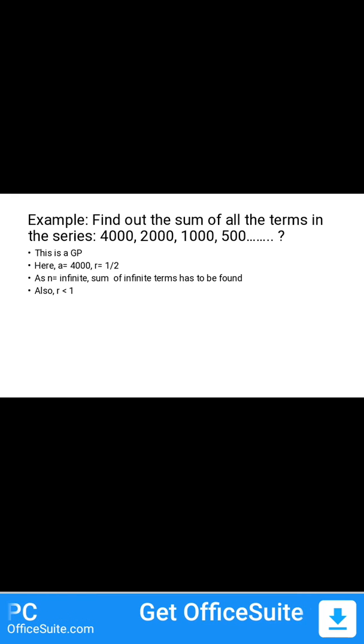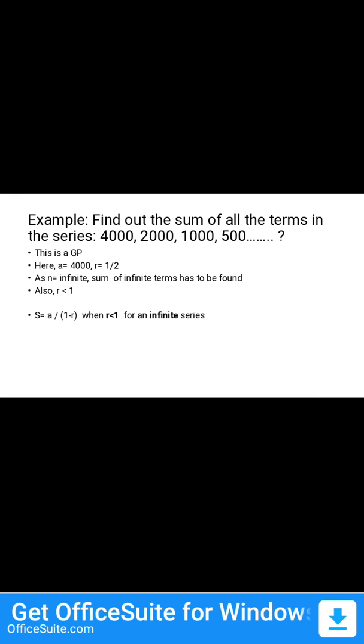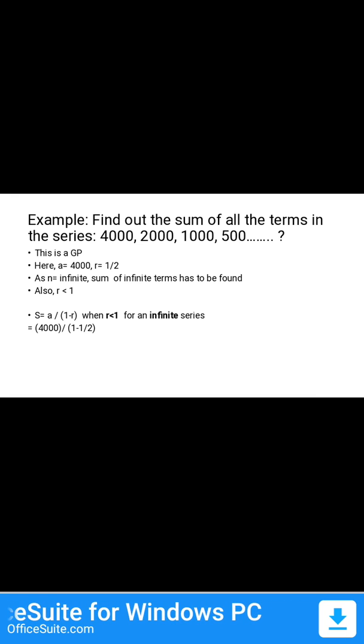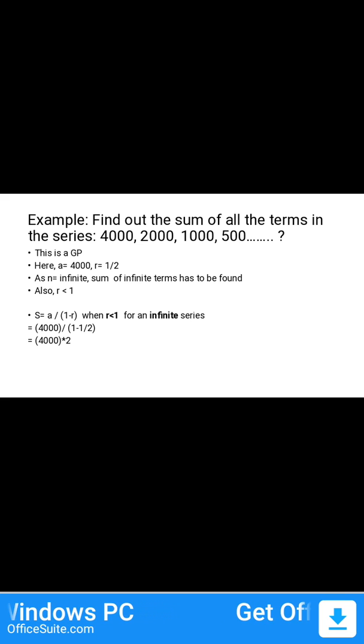As you know, since we have to find out the sum of all the terms, it will be infinite, and that is why we have to use the formula for the infinite GP series wherein r is less than 1, and this is the formula that we have. And you can calculate now the sum. You will put in the values and again do the calculation. Please keep doing these calculations on your notebook. The answer will be 8000.